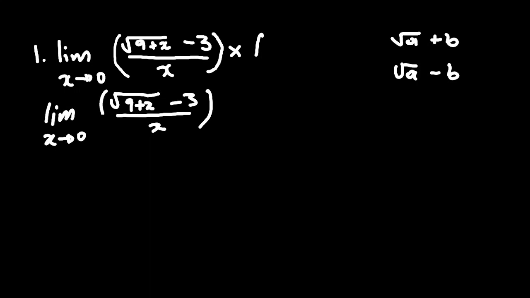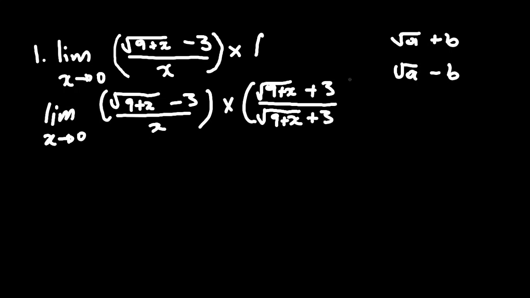Then I can multiply by the conjugate, writing 9 plus x inside my square root, and the conjugate of this means I will have a positive sign here. When we have a negative sign in between, the conjugate will have a positive sign, and then we divide again by this conjugate in order to be 1.